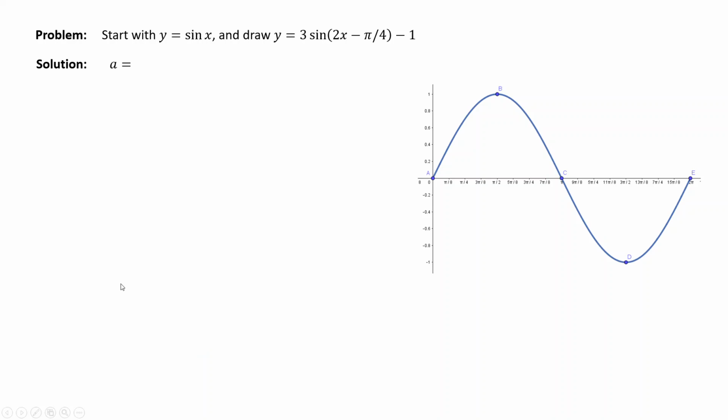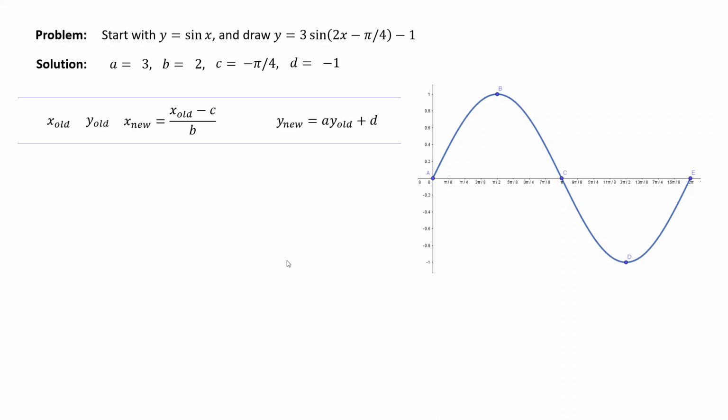A equals 3. Wonderful. B, 2. C. Don't tell me it's pi/4. It's actually negative pi/4, right? Good. How about d? Negative 1. Right? Cool. So a is 3, b is 2, c is negative pi/4, d is negative 1.